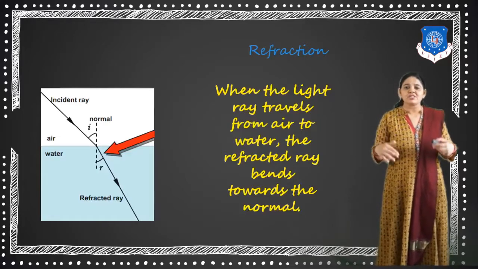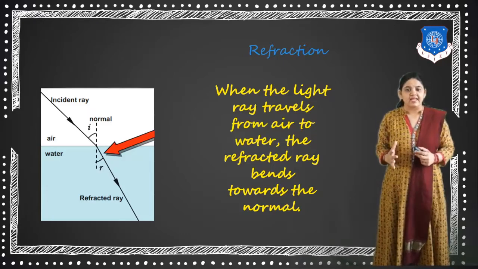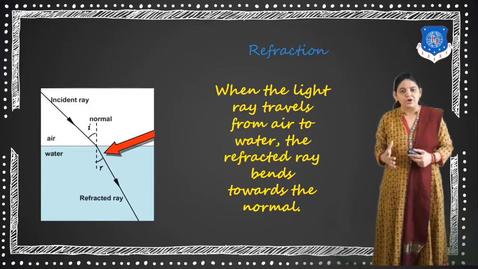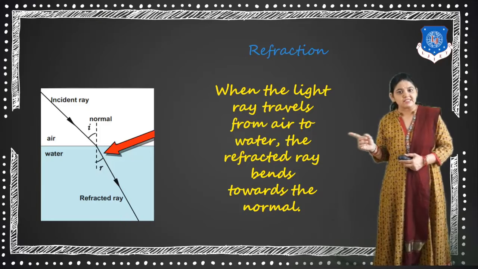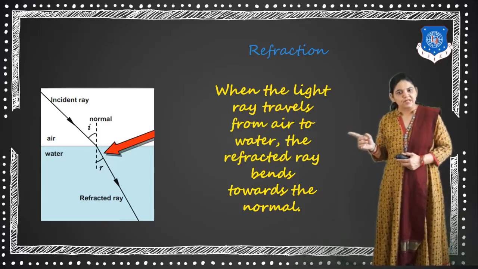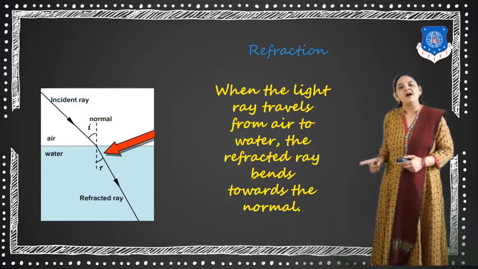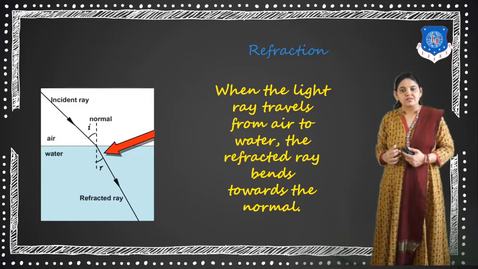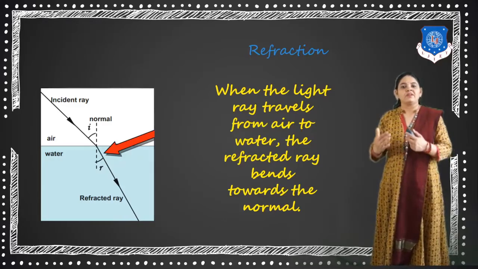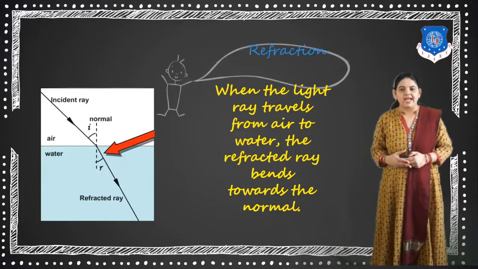When the light ray travels from air to water, the refracted ray bends toward the normal. So when it passes from the air medium, which has lesser density and lower refractive index, and passes through the water, which has higher refractive index and higher optical density, then the refracted ray bends towards the normal axis.